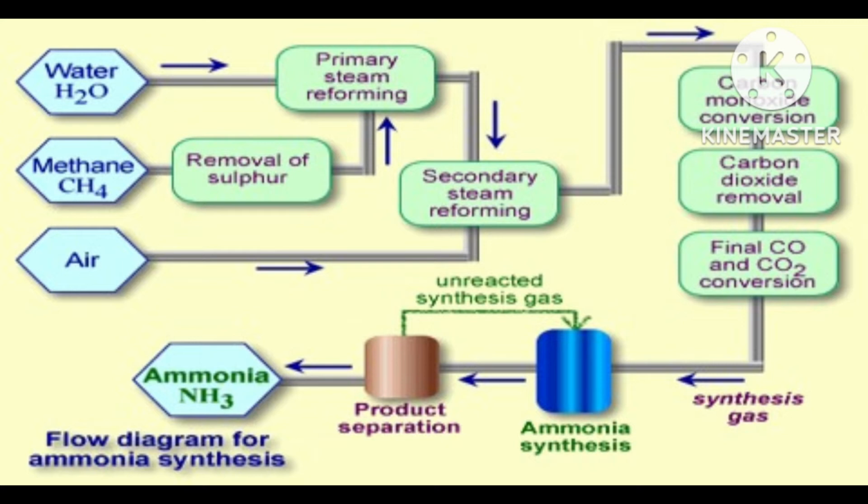In this case, what is the Kc value? The Kc value is 4.64 times 10 to the power minus 3 at 25 degrees, which is neither too small nor too large.